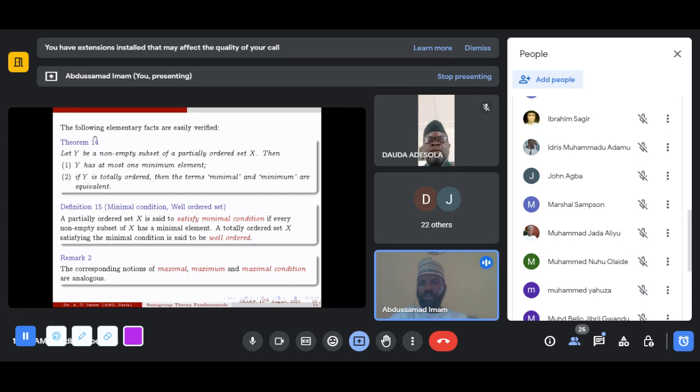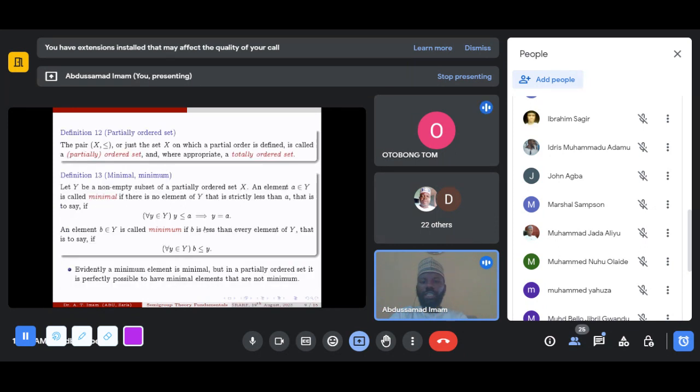So after defining minimal and minimum, we immediately have this observation: if you have a non-empty subset Y of a partially ordered set X, then Y has at most one minimum element. You cannot have more than one minimum, because two different elements cannot both be less than or equal to every other element, since one of them must be less than or equal to the other.